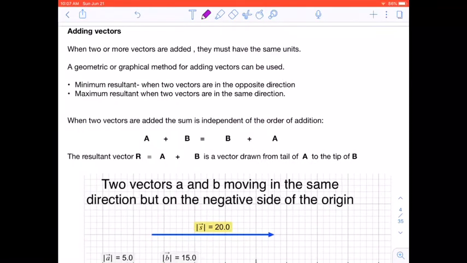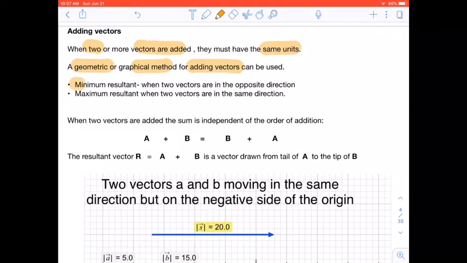We are looking at adding of vectors. When two or more vectors are added, they must have the same units. A geometrical or graphical method can be used for adding vectors.